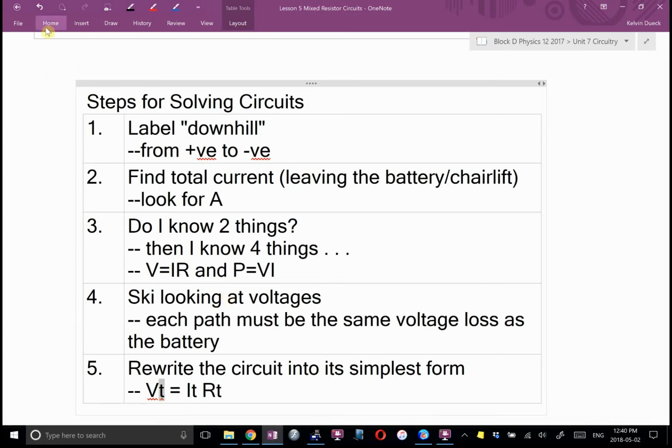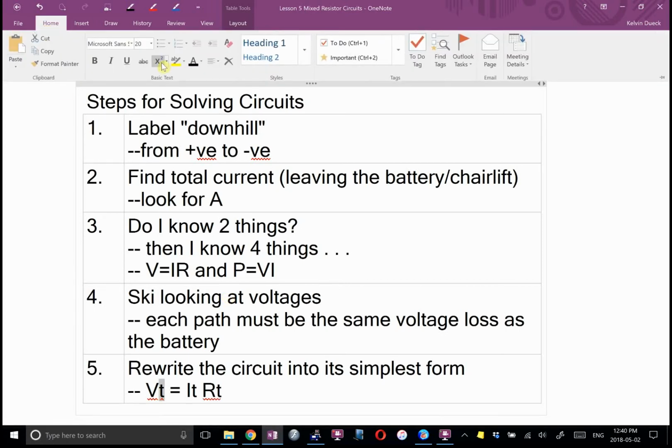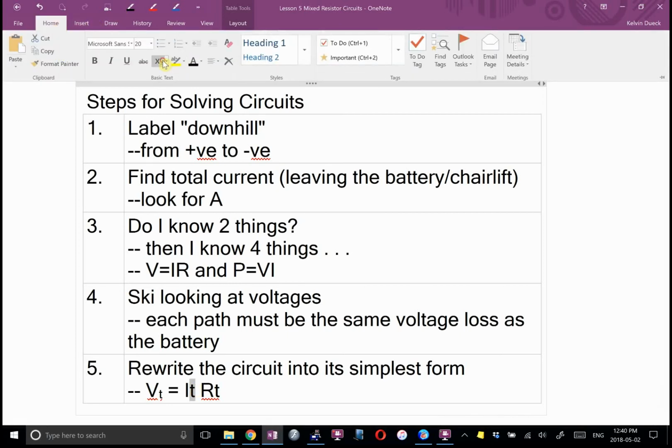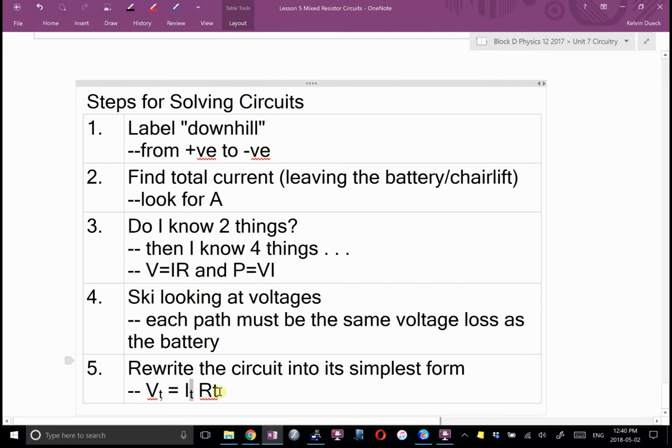V total, I think I have a subscript option, equals I total R total.